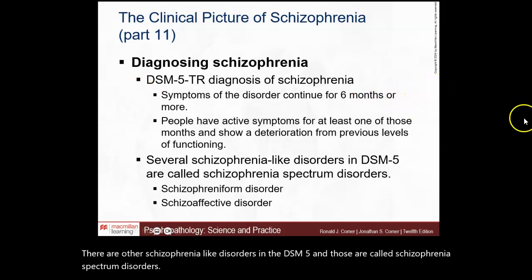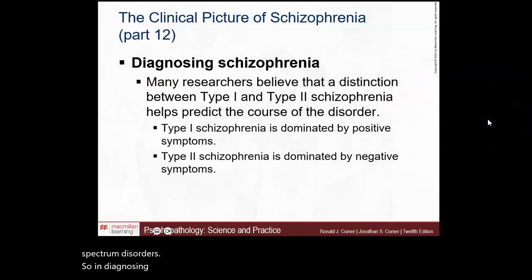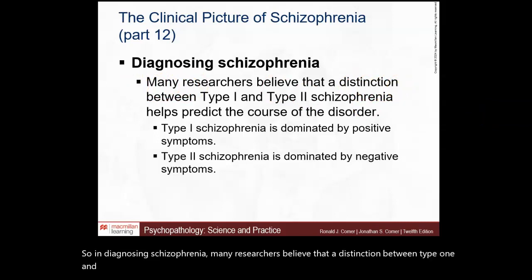In diagnosing schizophrenia, many researchers believe that a distinction between type 1 and type 2 schizophrenia is very important and helps predict the course of the disorder. Type 1 schizophrenia is dominated by positive symptoms.